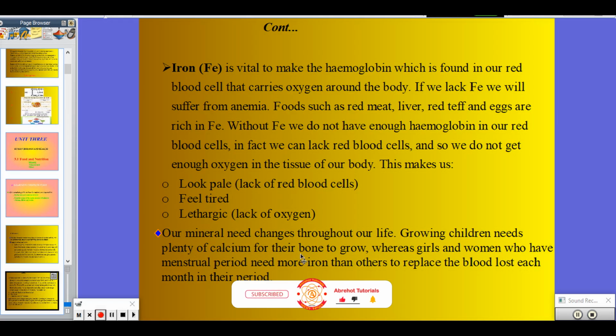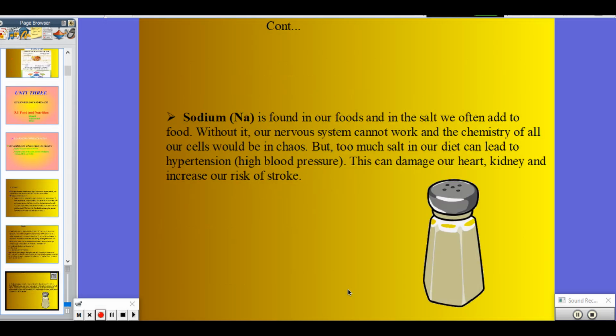Our mineral needs change throughout our life. Growing children need plenty of calcium for their bones to grow, whereas girls and women who have menstrual periods need more iron than others to replace the blood lost each month in their period.